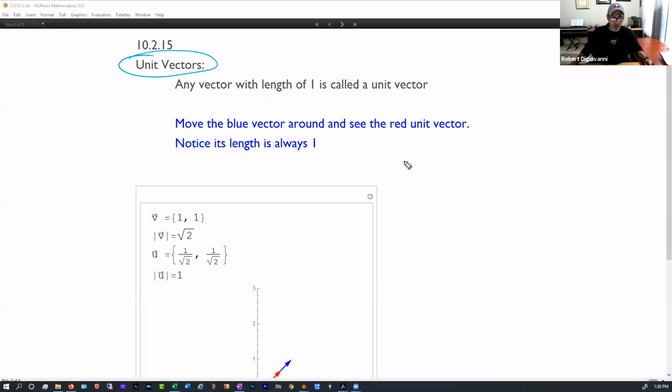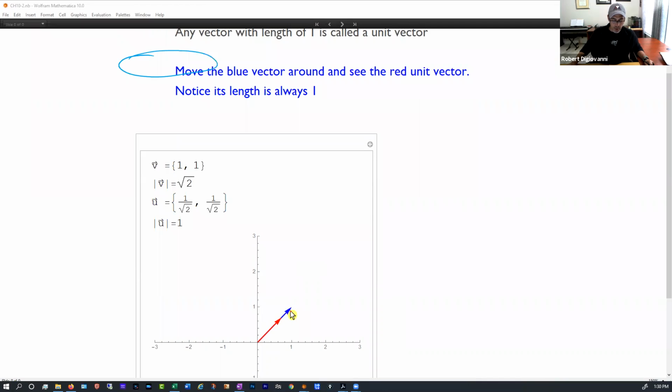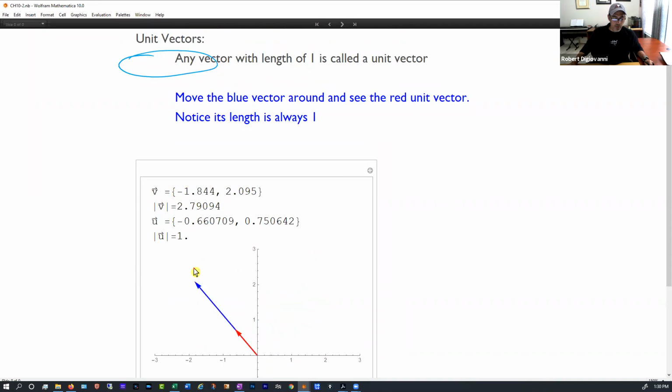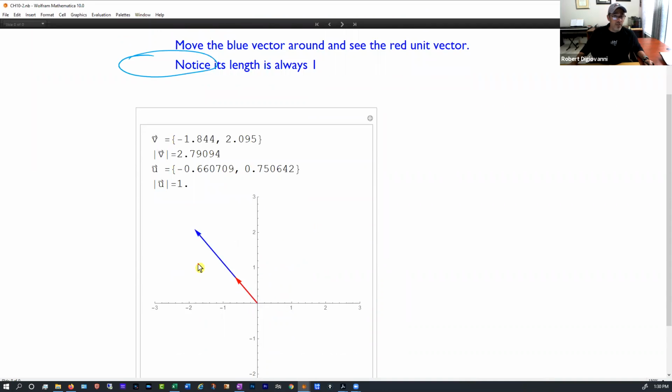Notice that if I start with any vector, like this blue one here, no matter where I position this vector, no matter how long I make it, do you agree that there is always a vector that points in the same direction that is 1 unit long? So you see the red one there? Do you see that that's 1 unit long? Now I could, I guess, add a little unit circle on here so you could see.